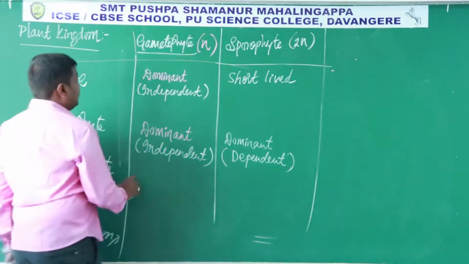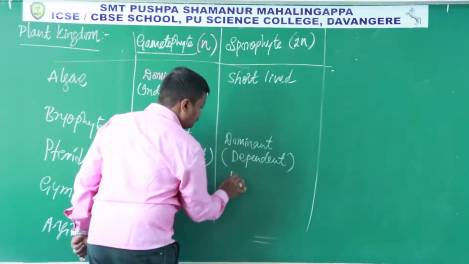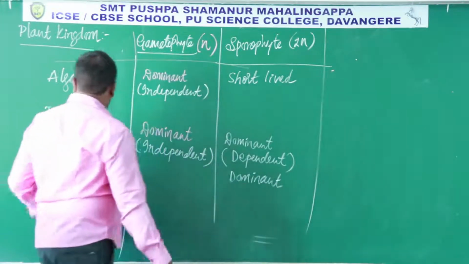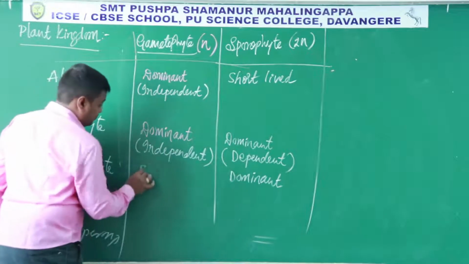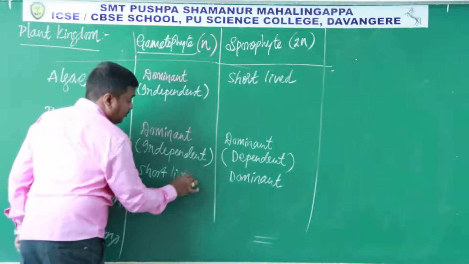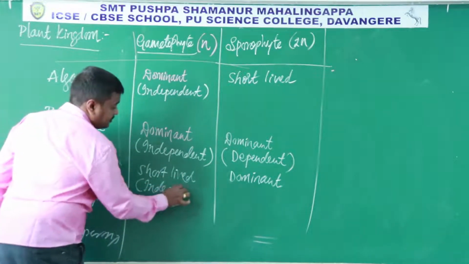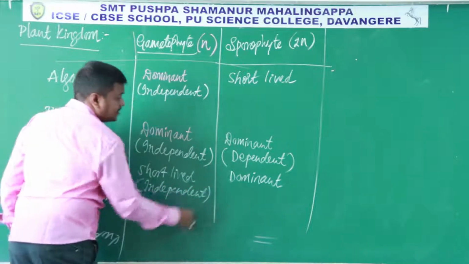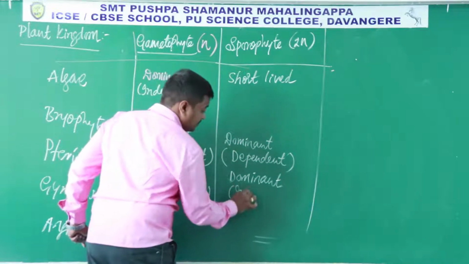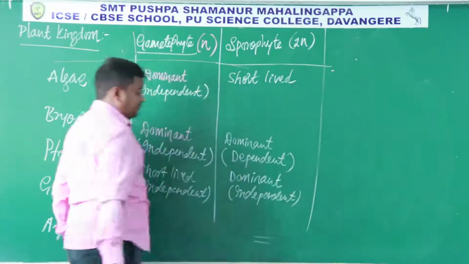In pteridophyte, sporophyte is dominant, gametophyte is short-lived, but it is independent, and the sporophyte is also independent, if you recall.